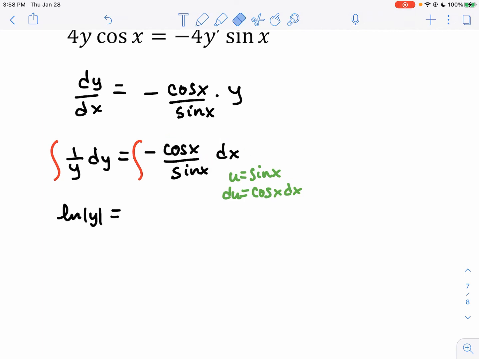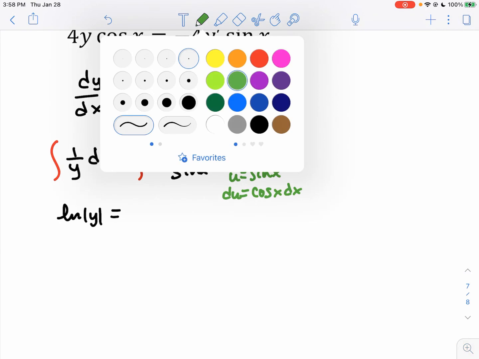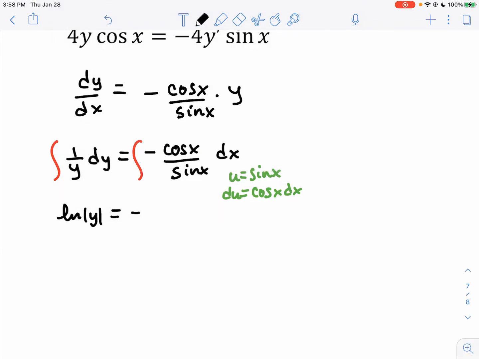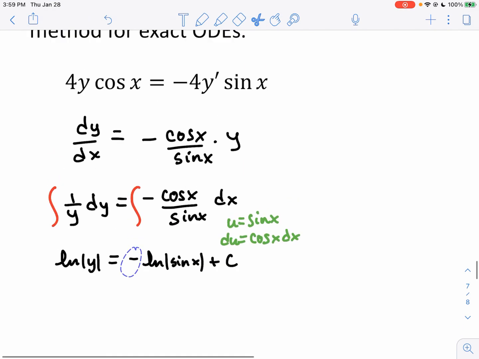So there's my du. So this is really just a -1 over u du, and the antiderivative of that is negative natural log of u. And u is sine of x, not cosine. And then plus c. Now exponentiate, well, we got a few things to worry about here. This negative, we don't want that to stay in front of the natural log.